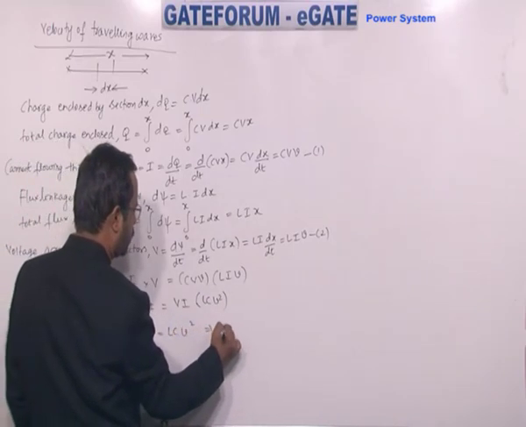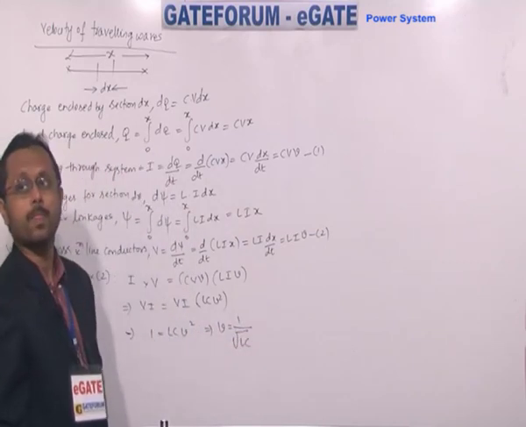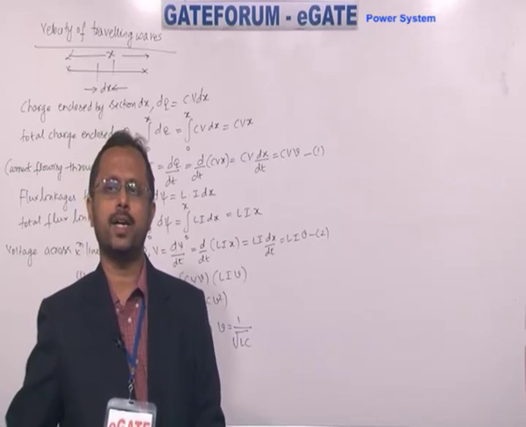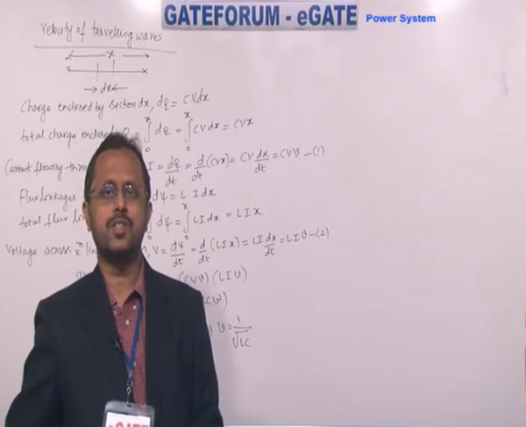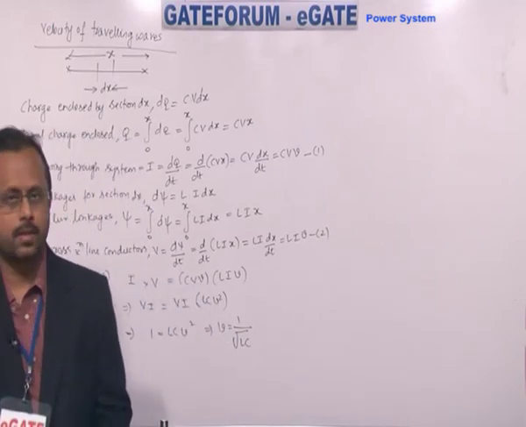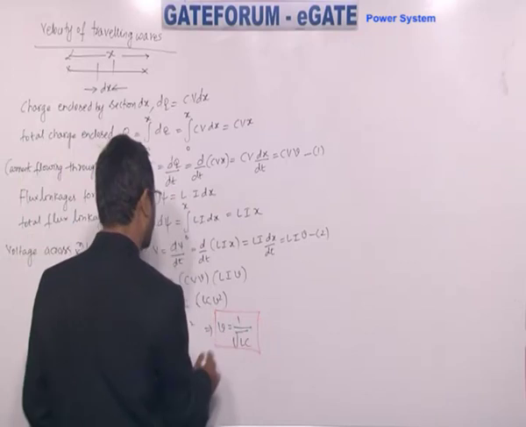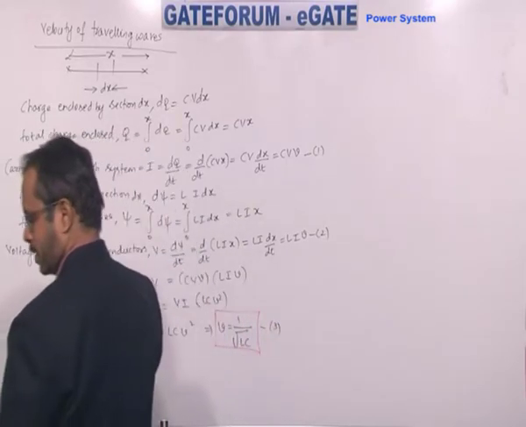From this you find out what is v: 1 by root LC. So this is the formula to find the velocity of travelling waves. This formula is important. Assign this as equation 3.